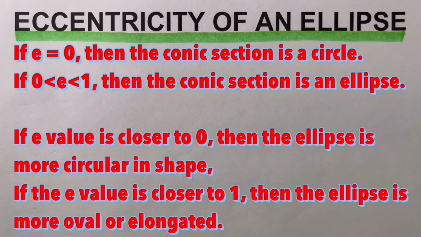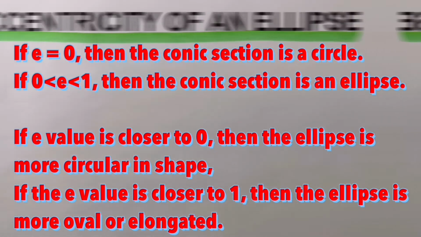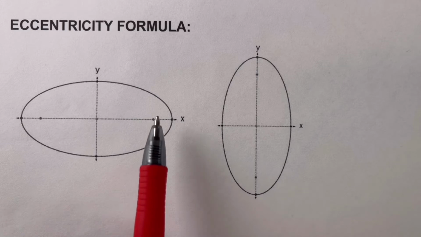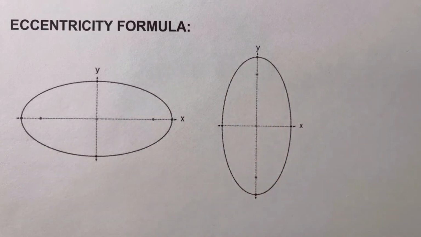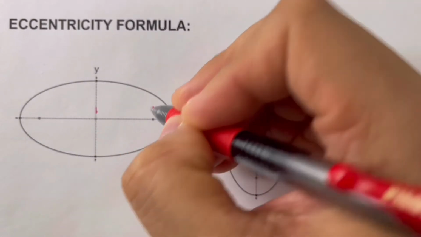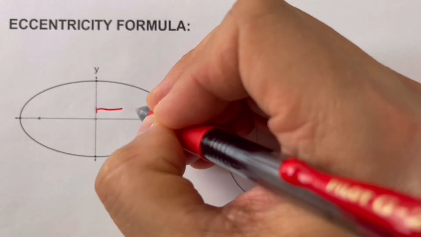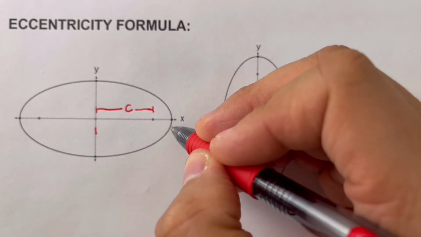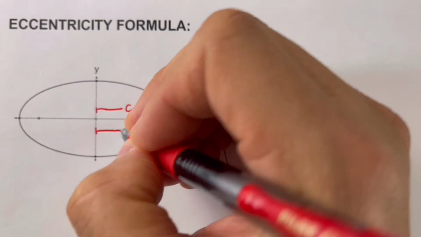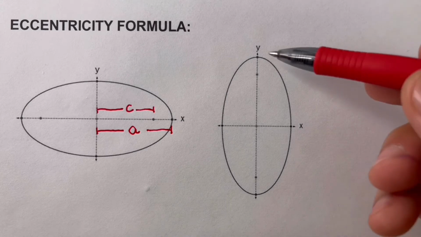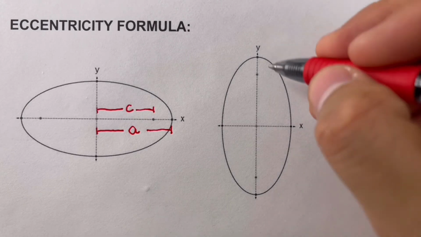Now let's look at the eccentricity formula of an ellipse. You will see the two cases of an ellipse, the horizontal and the vertical ellipse. Now we remember that the distance from the center all the way to the focus is represented as letter C, and the distance from the center to the vertex is represented as letter A. On the other hand, if we get a vertical ellipse, it's pretty much the same thing.